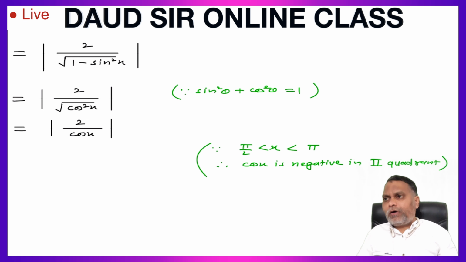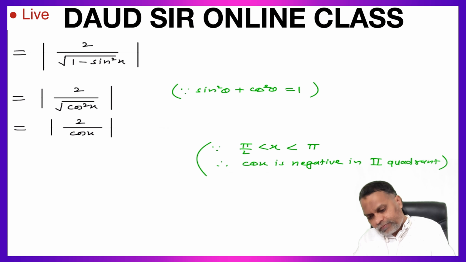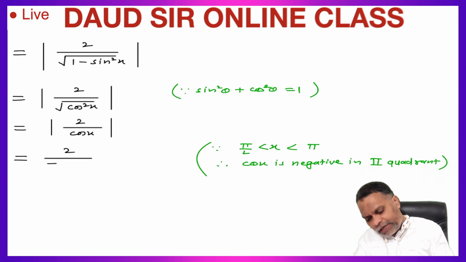So we can take this 2 upon minus cos x. So we can take minus 2 upon cos x, which is equal to the right hand side.